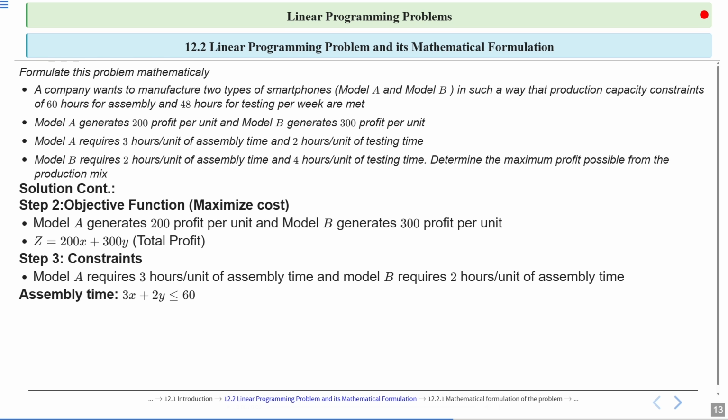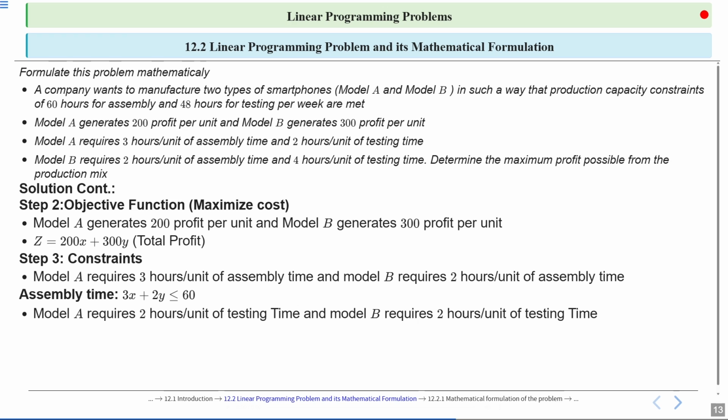This inequality we obtain. Model A needs 2 hours per unit of testing time and model B needs 4 hours of testing time for each unit. So now the testing time constraint is given by the inequality 2x plus 4y is less than or equal to 48.